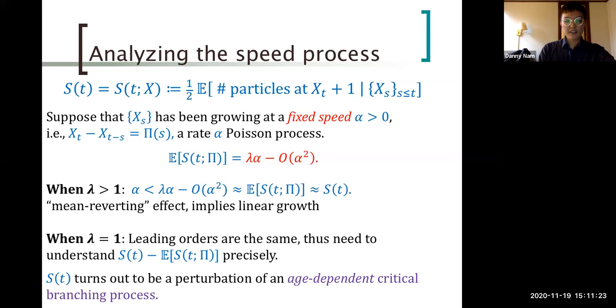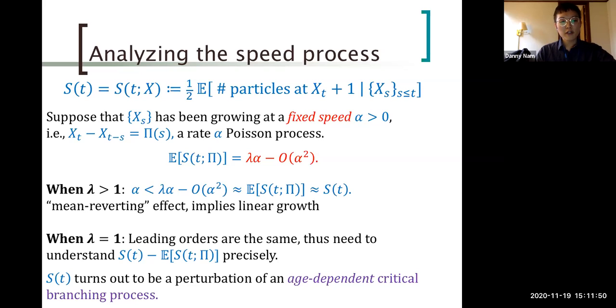By age-dependent, I mean that each particle generates one additional particle on average, but then its children are generated at different locations, given by some probability distribution. And by studying this critical branching process and other lower order terms that give a perturbation, we can get down to the scaling limit of the speed at the end.